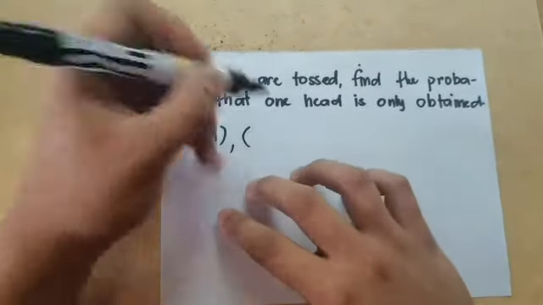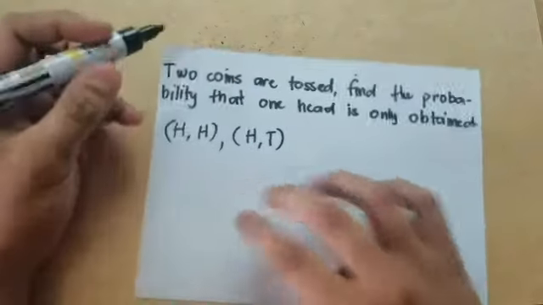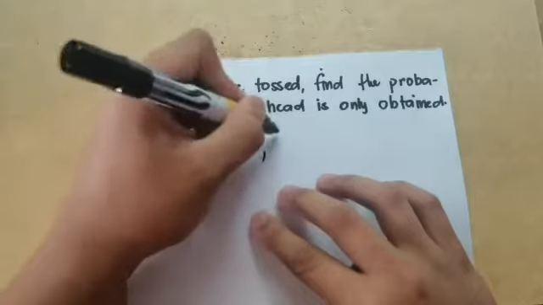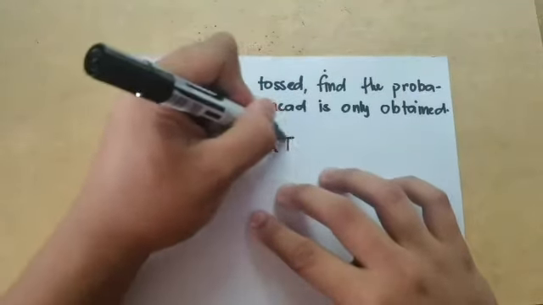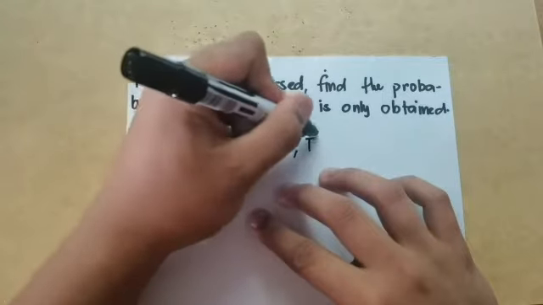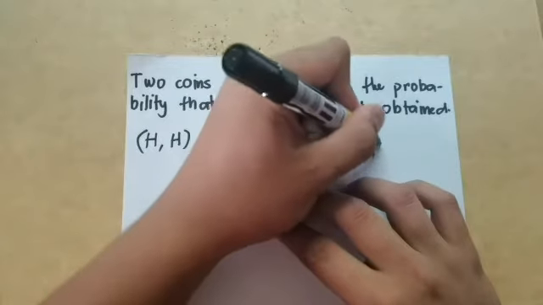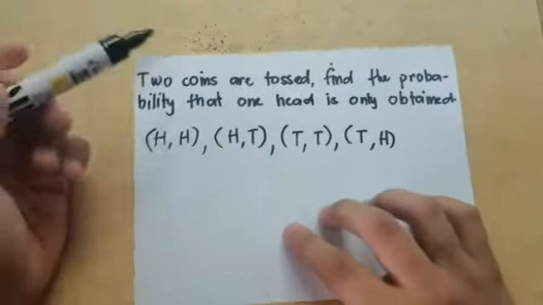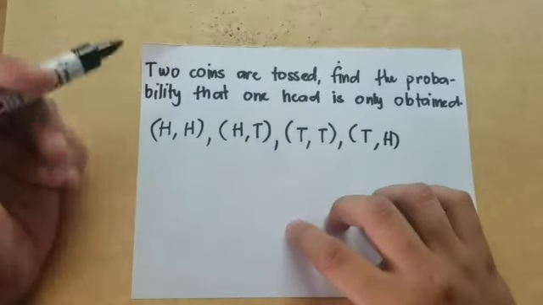The other could be heads and tails. Another could be tails and tails. And lastly, tails and heads. So these 4 are the possible outcomes when you toss 2 coins.